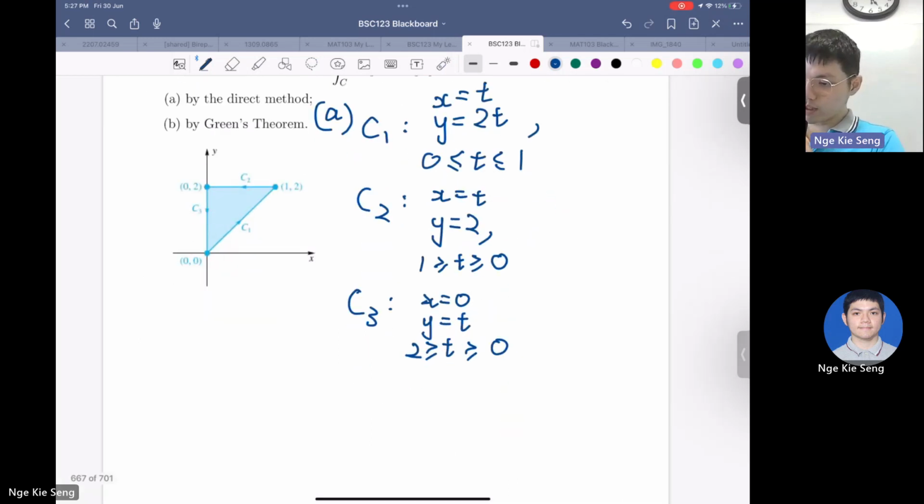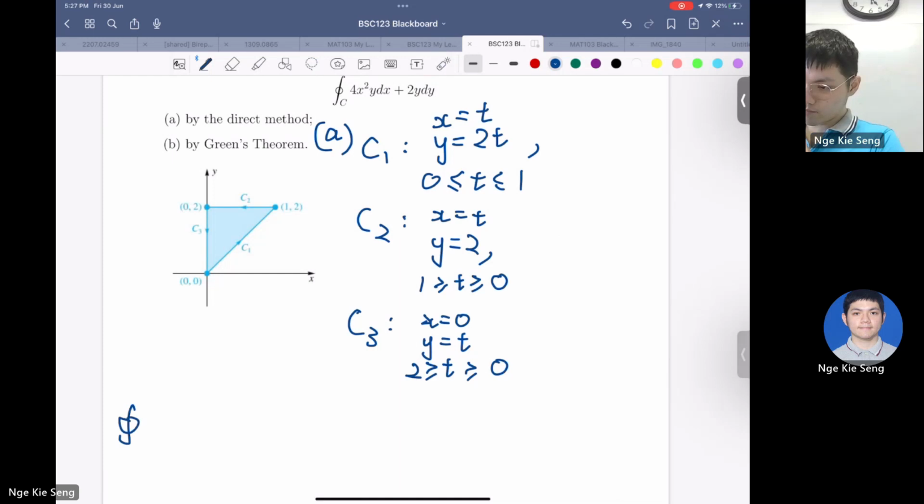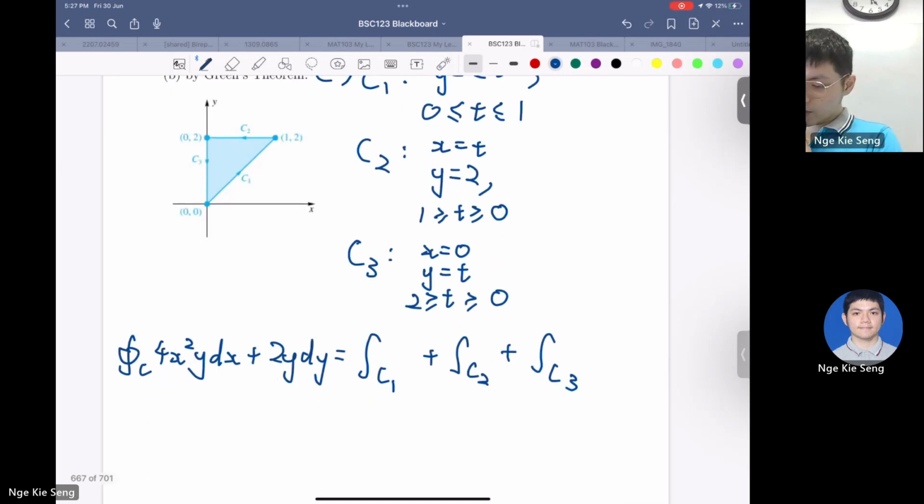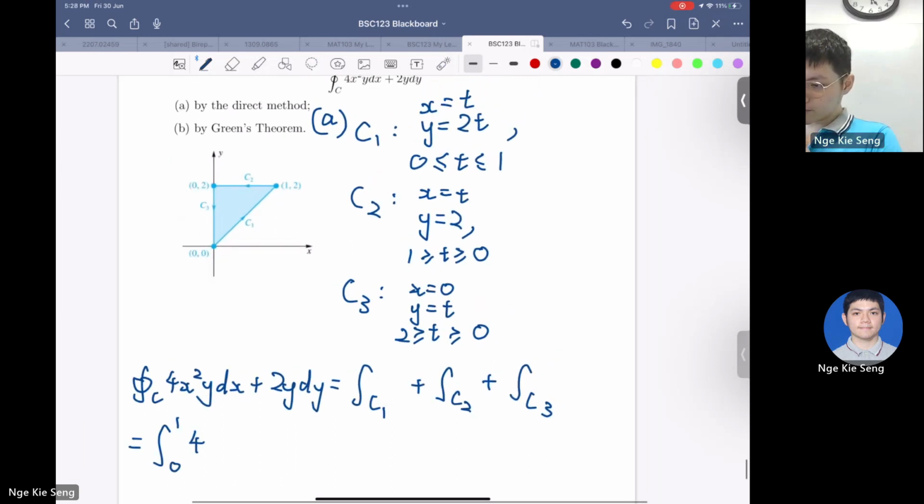So we need to put into the line integral. We split our line integral into 3 parts, C1, C2, and C3. So on C1, it is going from 0 to 1. 4 times x becomes t, so t squared. y becomes 2t.